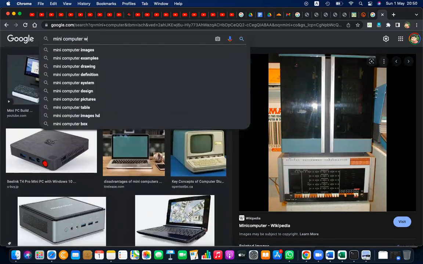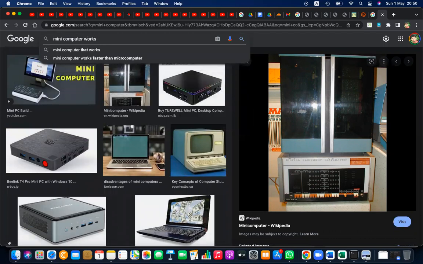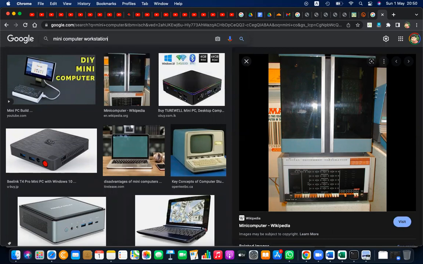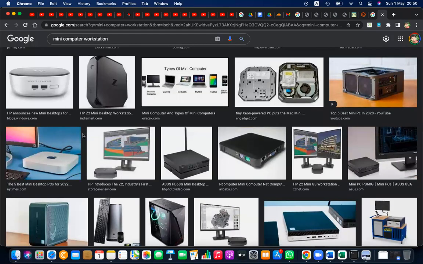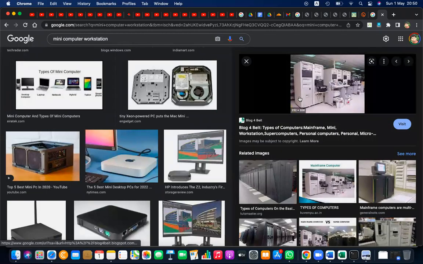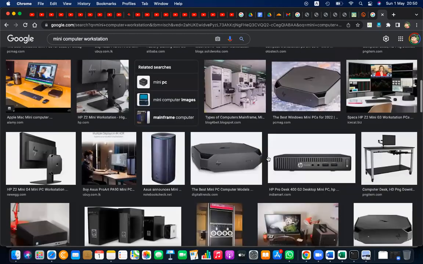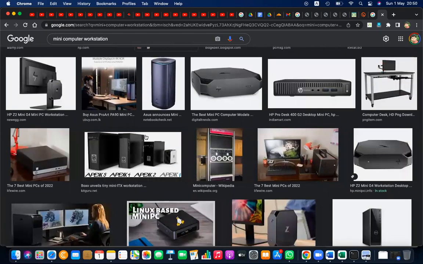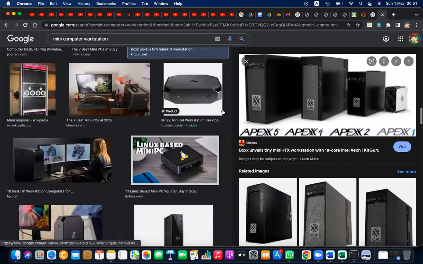A mini computer can be a workstation. Those are also mini computers, not that. These are mini computer workstations. These are also some workstations, right? Mini computers.